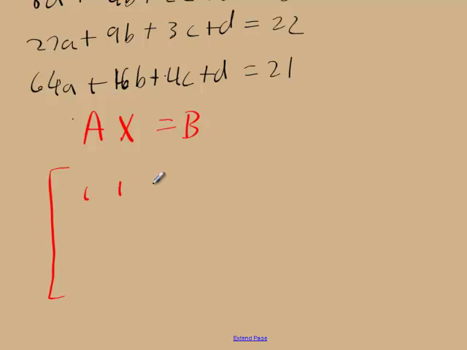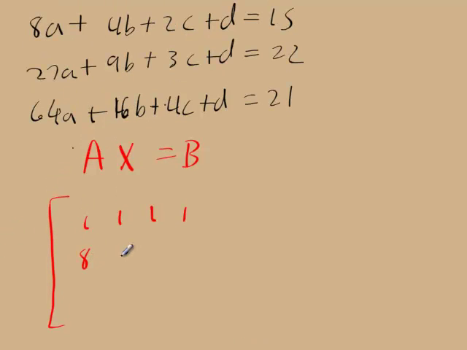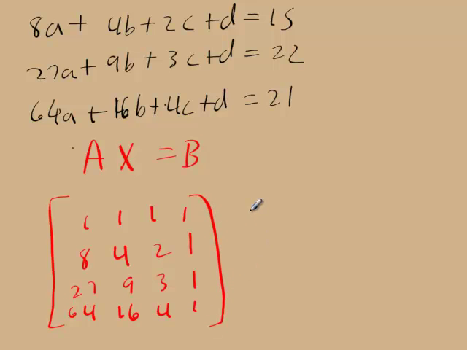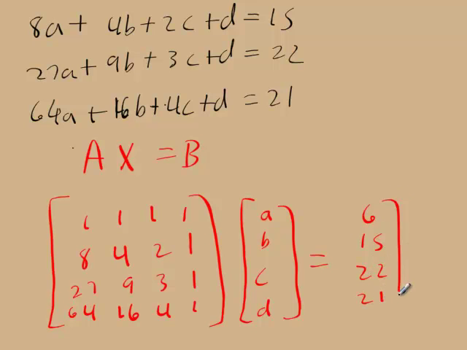That's just going to be 1, 1, 1, 1, and then 8, 4, 2, 1, 27, 9, 3, 1, and 64, 16, 4, 1. And then matrix X, that's going to be what we're looking for, a, b, c, d, equals B. In this case, that's going to be 6, 15, 22, and 21.